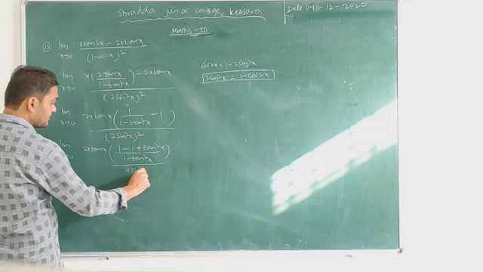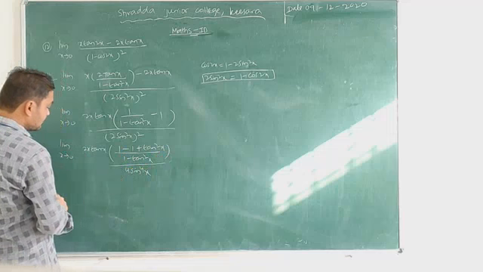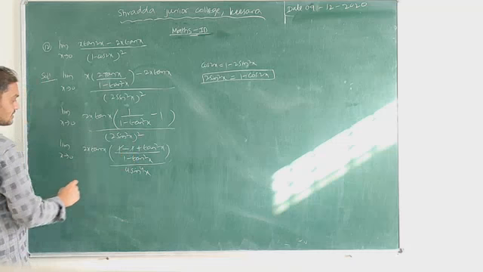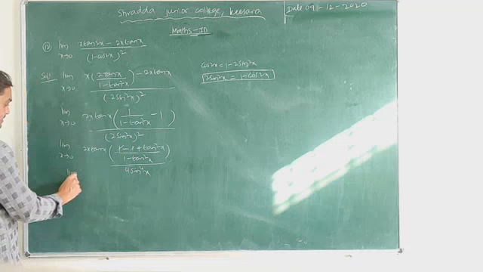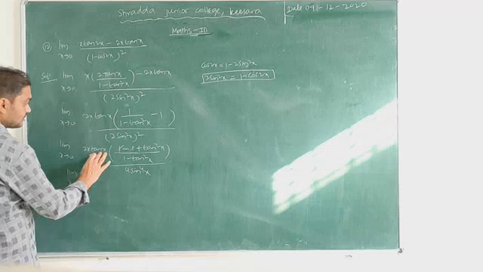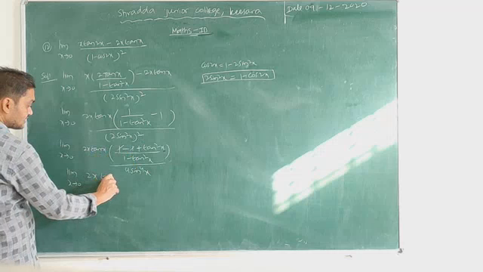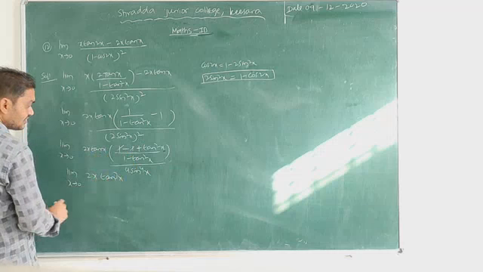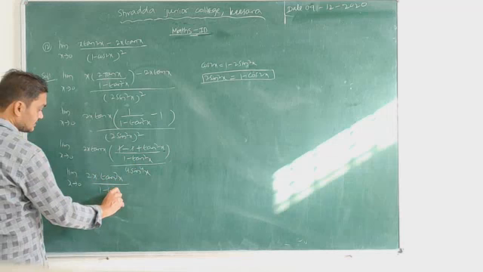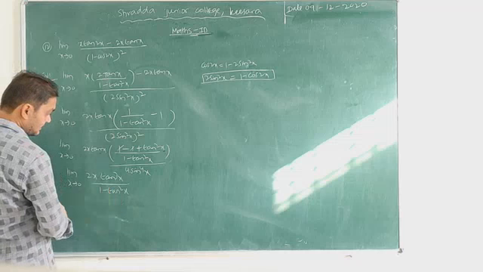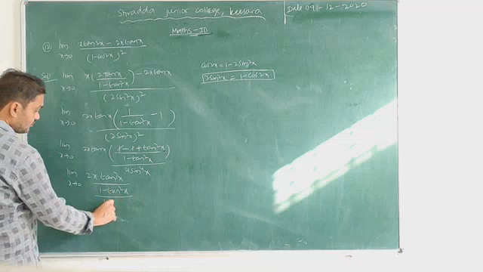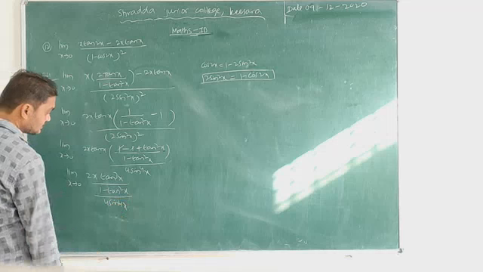4 sin power 4 x. Now see here, plus 1 minus 1, cancel here. Limit x tends to 0, 2x into tan square x is nothing but tan cube x, by 1 minus tan square x, by 4 sin power 4 x.